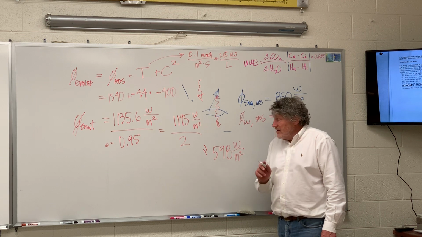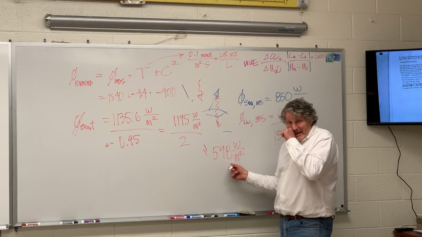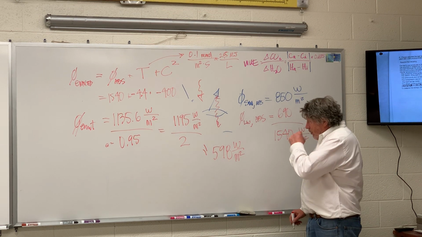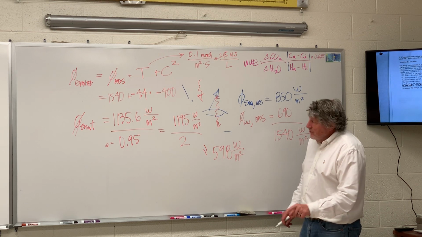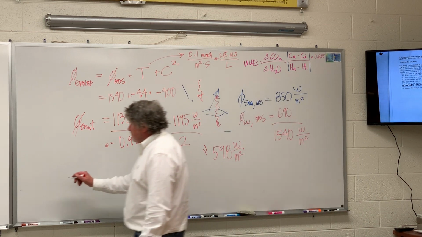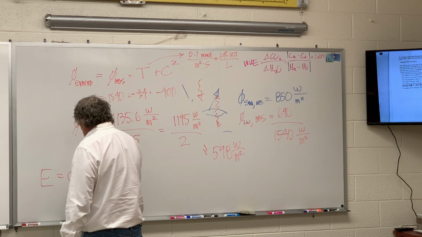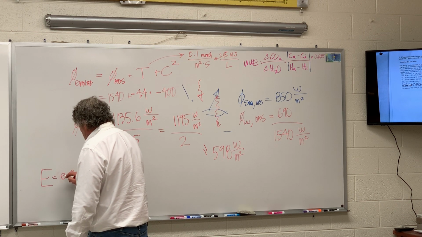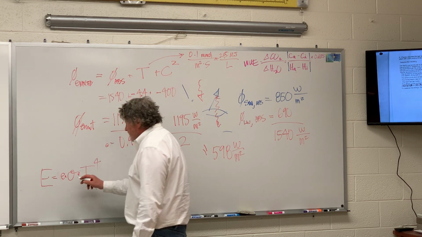Now, you can do this in two ways. Look it up in the table: what temperature would it take to give you this emission? Or you can solve for energy equals emissivity times sigma times T to the 4th, in Kelvin.